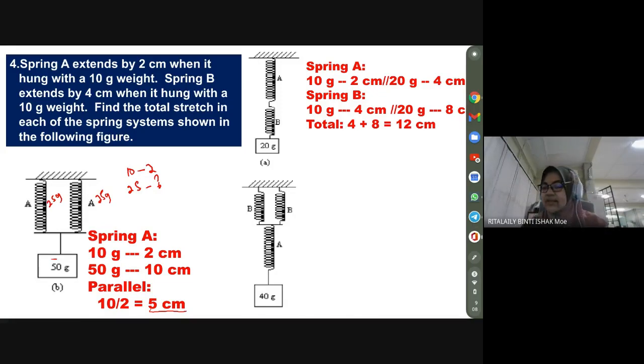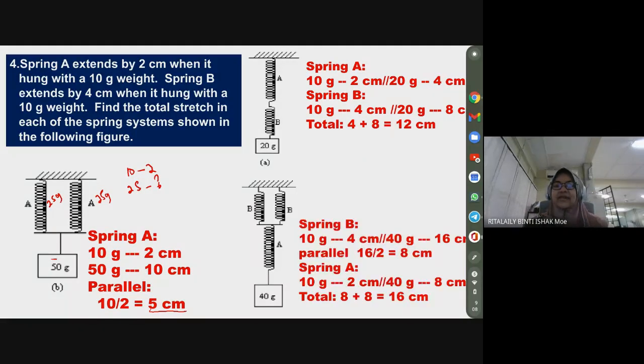Okay, what about the others? 16. Anybody? 16. Okay, the rest answered 16. So let's look at the solution. The answer is 16 cm.